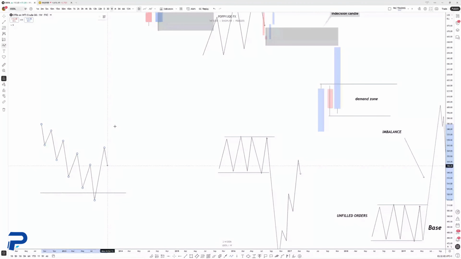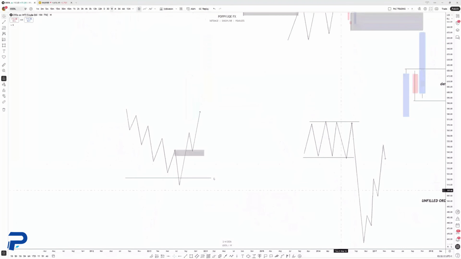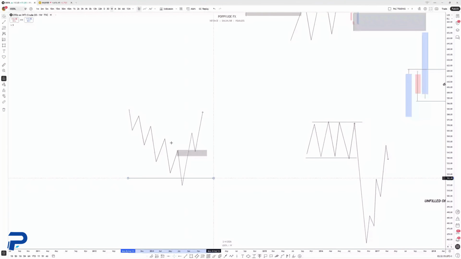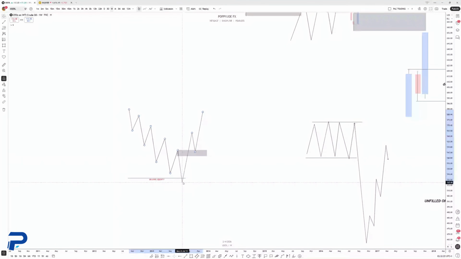This is where I am trying to say the two instances I make use of breakers for entry. The first one is the one I explained, that has inducement before it. And this other one here can only be used if price has swept liquidity. So if there's a certain liquidity here that has just been swept, like price came to take our liquidity here, one of the methods I use in trading liquidity raids, we call it turtle soup.